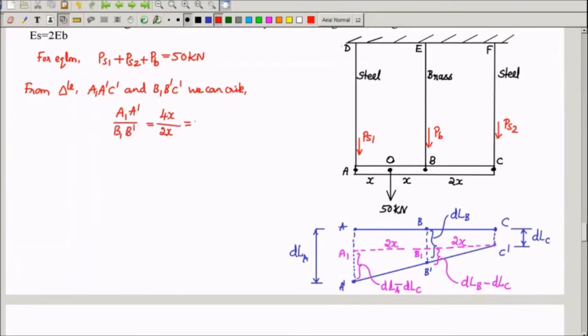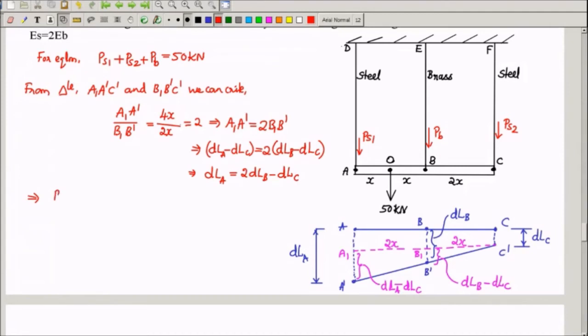So this ratio is 2, and I can write A1A dash is equal to 2 into B1B dash, and A1A dash is what? DLA minus DLC is equal to 2 times B1B dash, which is DLB minus DLC. If you further simplify this, DLA can be written as 2 times DLB minus DLC.